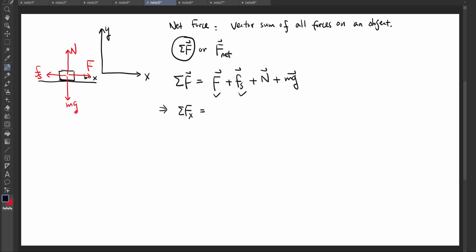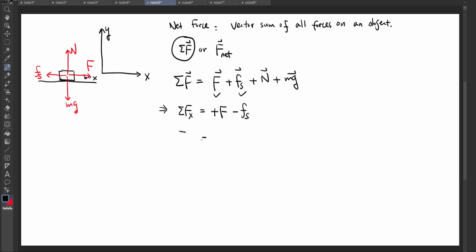In this case, F is in the same direction as the x-axis, so it's a positive F. This symbol F only represents the magnitude, and its direction is represented by the positive sign. Now Fs, the static friction, is to the left side, the negative x-axis, so we add a negative sign, and then Fs.